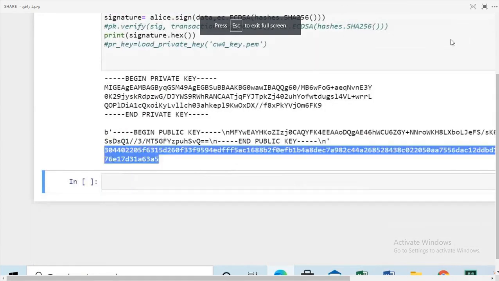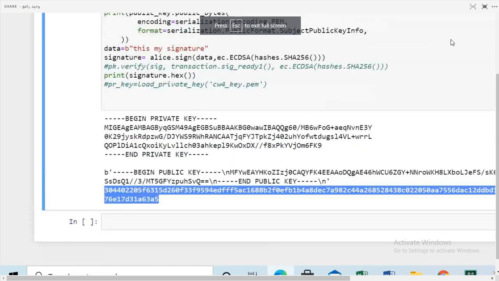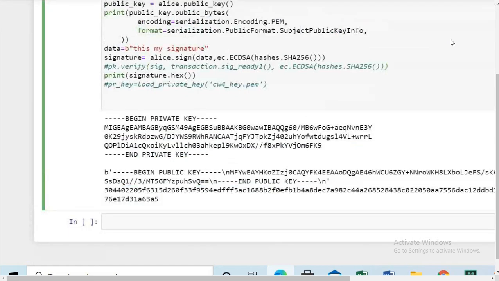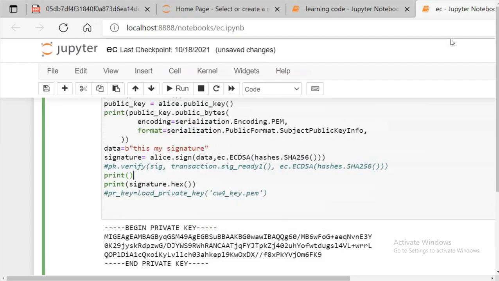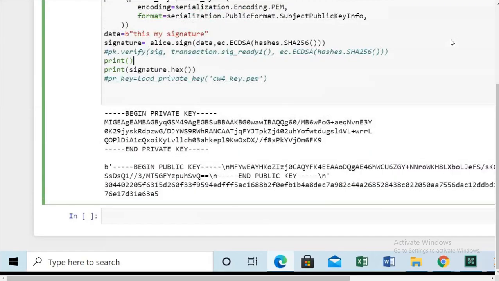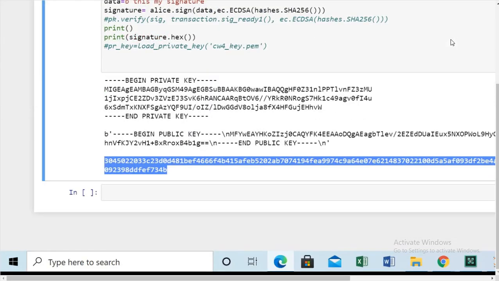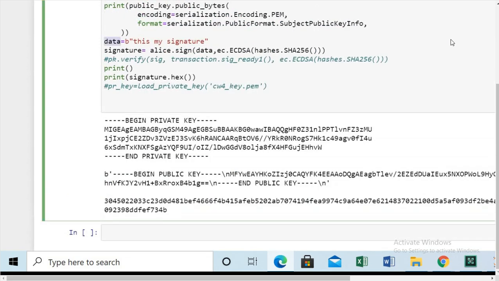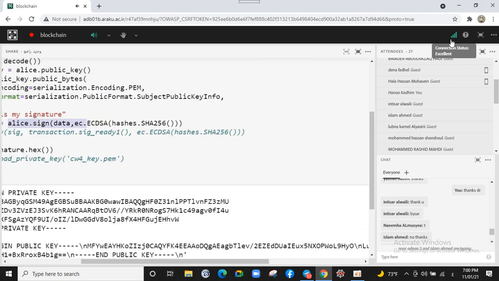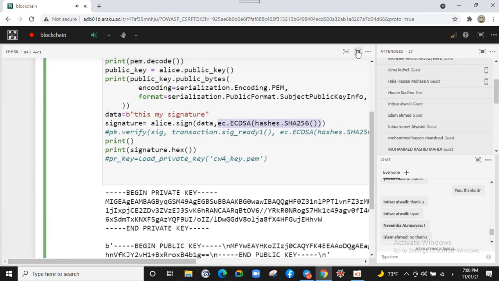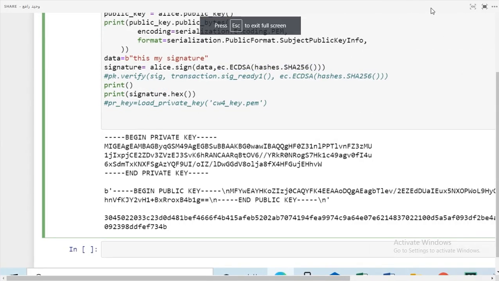This is our signature. I can put a print here. This is our digital signature. So to sign a message, this is my data or this is my message, and using this command I put the data here. This is a fixed parameter, so you can sign and create a digital signature.